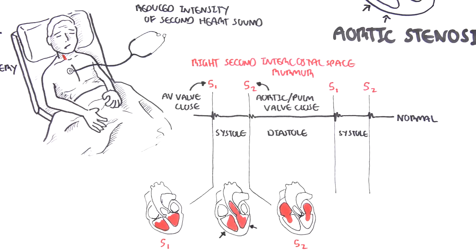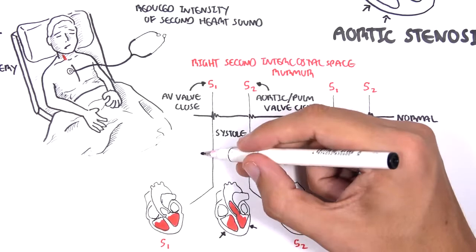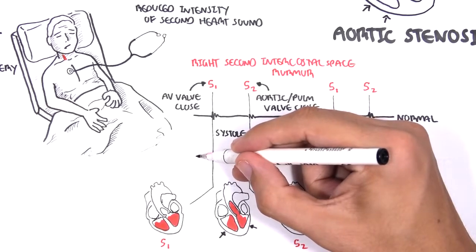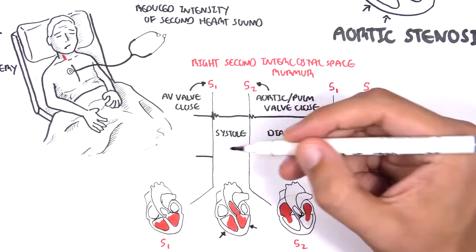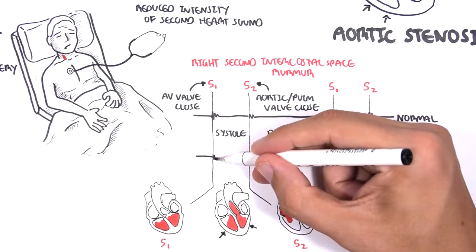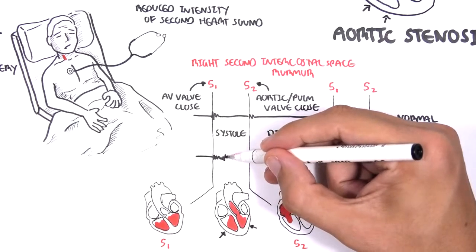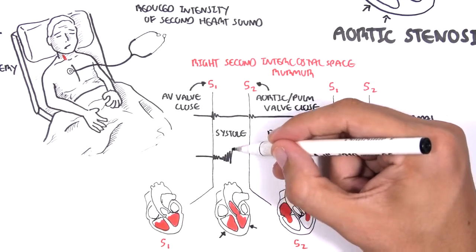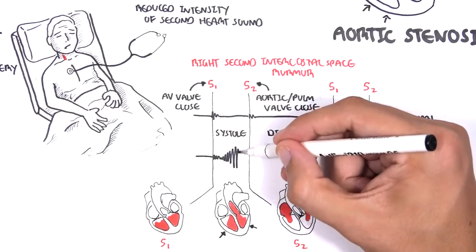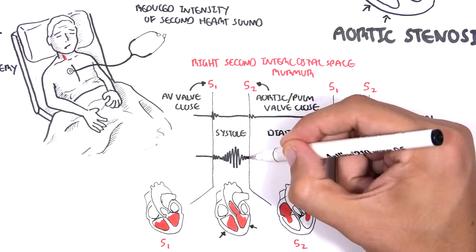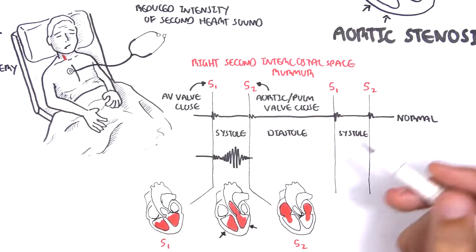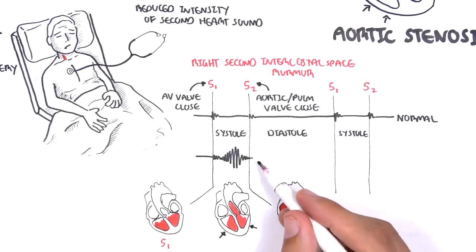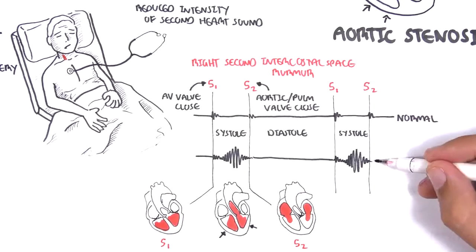In aortic stenosis, the murmur we hear begins at S1, when the atrioventricular valve closes, and then we hear the aortic valve open. The blood is being squeezed through the aortic valve slowly, and so we get this greater turbulent flow until the ventricles relax again and the aortic valve closes.